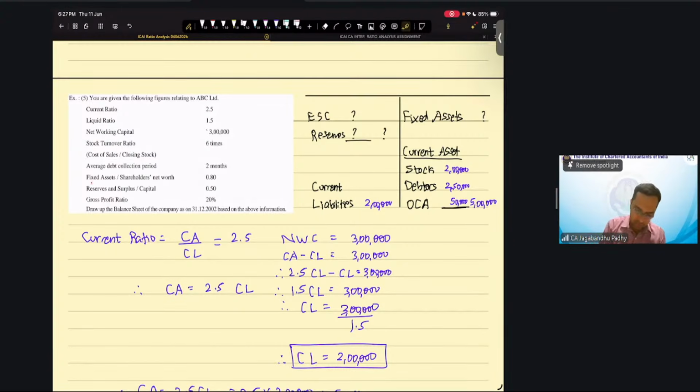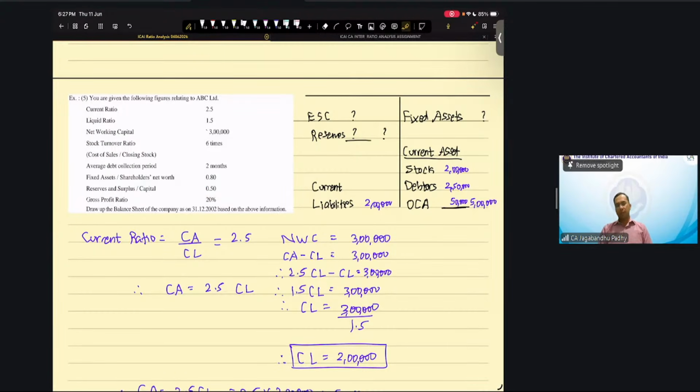So we have the fixed asset to shareholders net worth to be used now. Fixed asset to shareholders net worth is 0.8. Now we don't know what the fixed asset is, and we don't know what the net worth is. But we have reserves and surplus to capital as 0.5, so we have the relation between reserves and surplus to capital.